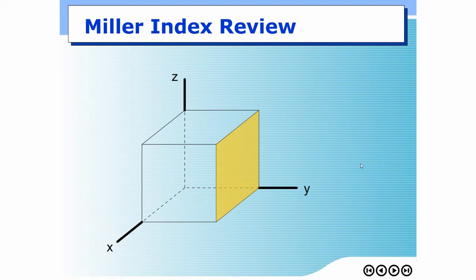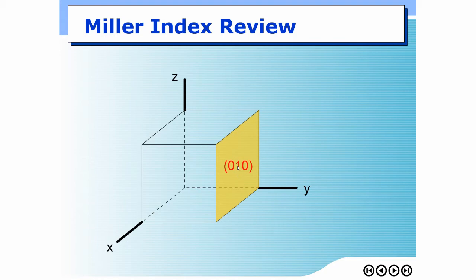In this picture, I picked the cubic cell. This yellow plane is defined as the 010 plane, basically because the plane intercepts the y-axis at 1 unit. Okay, it does not intercept the x-axis, and it does not intercept the z-axis.